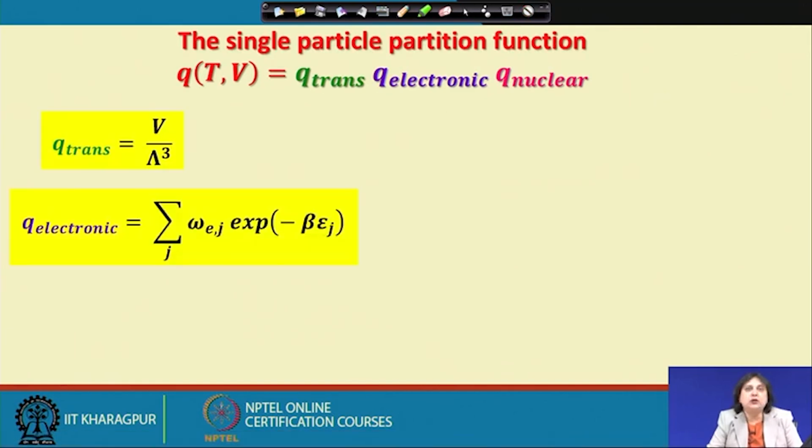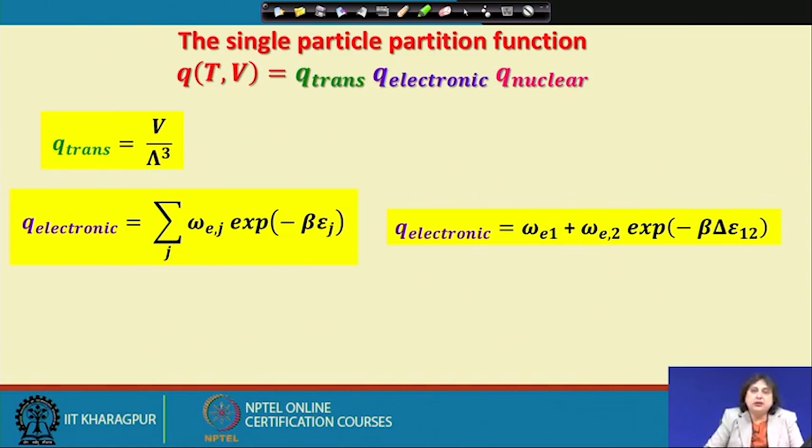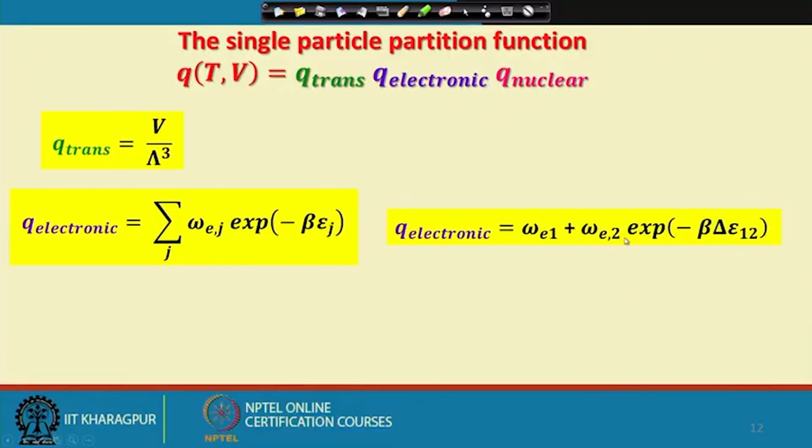So, this is the information we have gathered so far, but at normal room temperature, you know the values of kT in electron volt, we have already seen that. Then you will see that, given that the difference in energy values is a few electron volts for the electronic energy states, at finite temperatures maybe only the first two terms will be important and give you the value of q electronic.